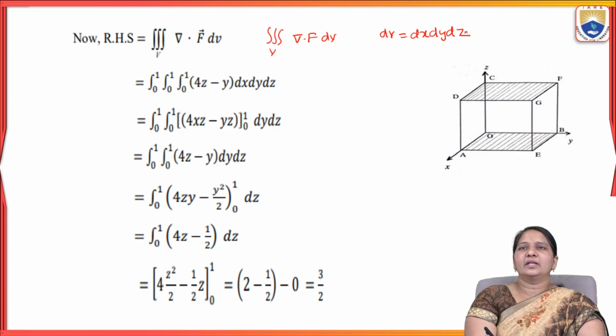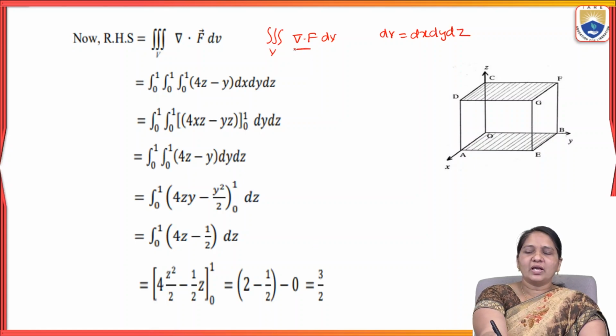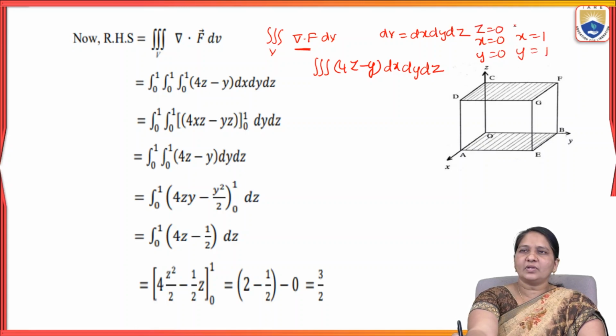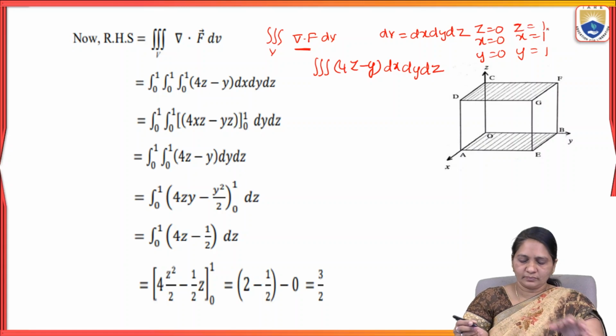We already calculated the del dot f value, that is 4z minus y into dx dy dz. In the problem they gave x equal to 0 and x equal to 1, y equal to 0 and y equal to 1, and z equal to 0 and z equal to 1.